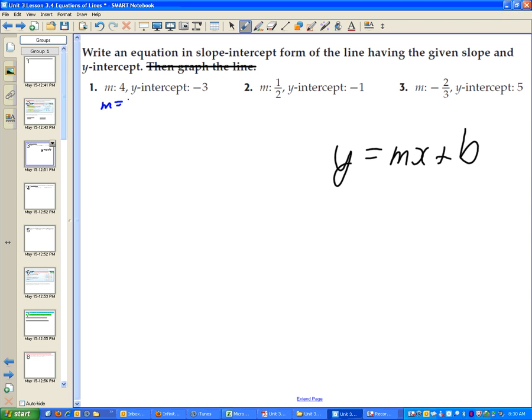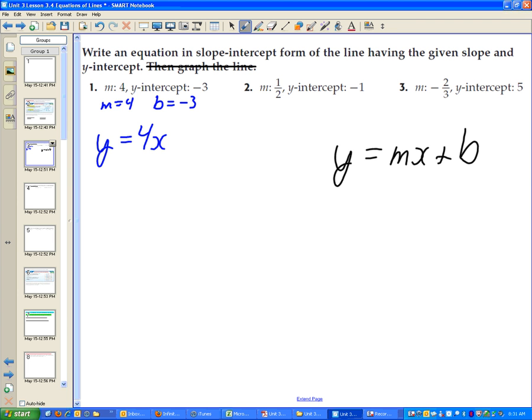Well, they tell us that m equals 4. And when they write out y-intercept, -3, they're telling us that b equals -3. So all we have to do is substitute those numbers in for those letters. So y remains y equals, replace m with 4, x remains x, replace b with -3.